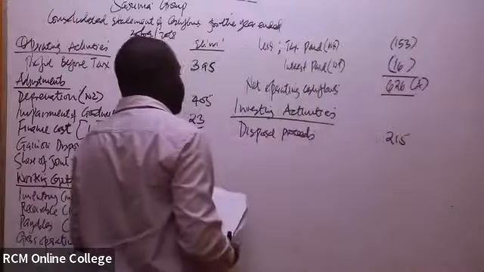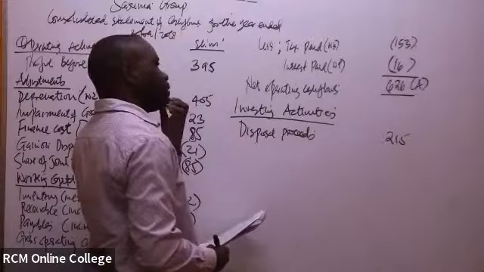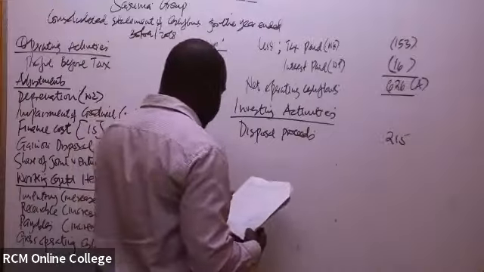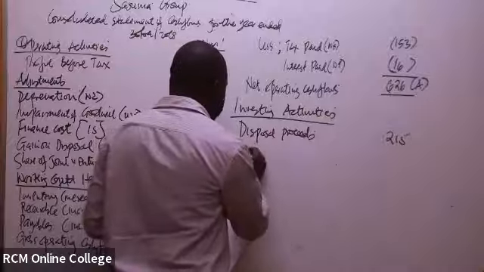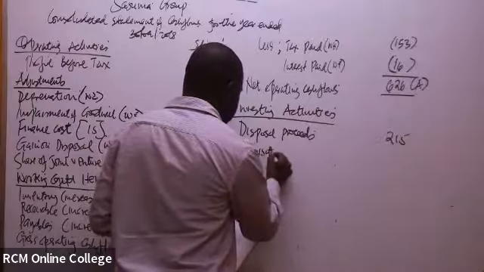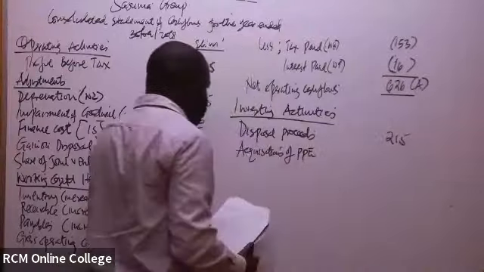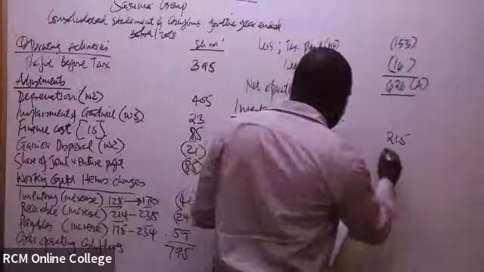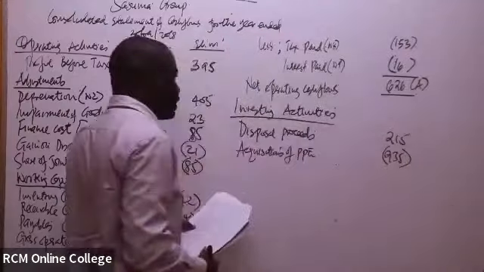But as per the property, plant, and equipment account under working number 1, there were some extra acquisitions done during the year. So we have acquisitions of property, plant, and equipment, which had a balancing figure of 935.